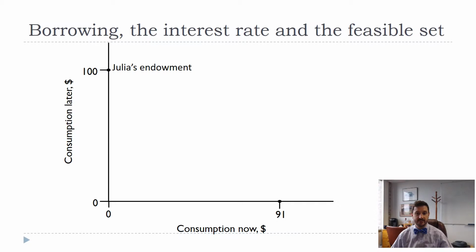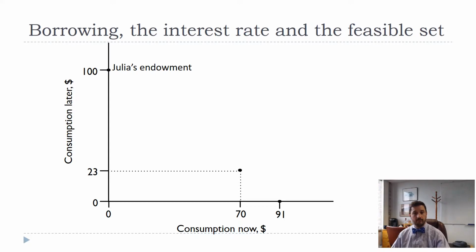So in this case, if Julia faces an interest rate of 10%, then she can borrow about $91, right? And then she would have to pay $9 in interest. That's about 10% of 91, and the original $91 back. And so then she would be able to pay $100.